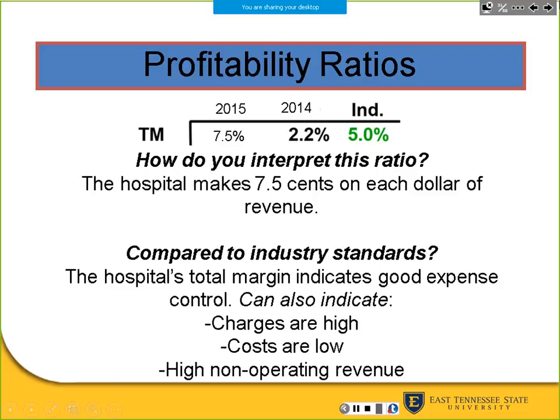Maybe we're having a great year with our retail sales, our gift shop sales, maybe everybody that pulls into the hospital parking lot is getting a parking ticket for $20. I don't know. So we may be doing a good job with non-operating income. Make sense? That's how to interpret it and what it's really telling us. So total margin tells us how much we're bringing in on each dollar of revenue, and it can indicate a couple things to us. In this case, it's indicating good expense control.